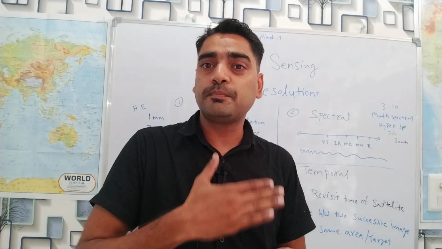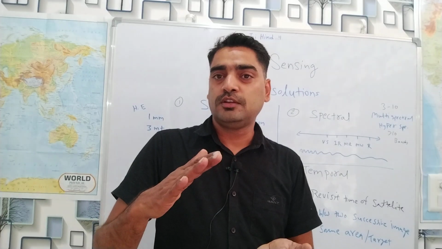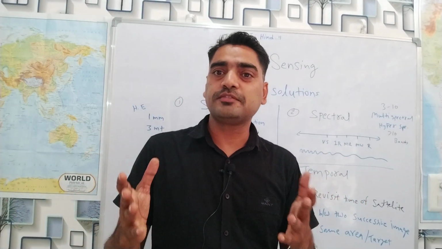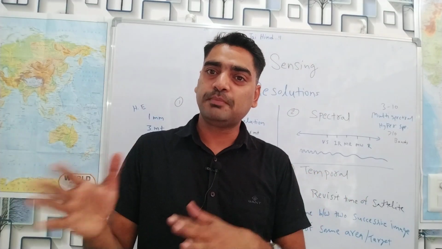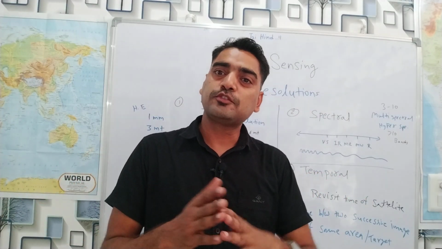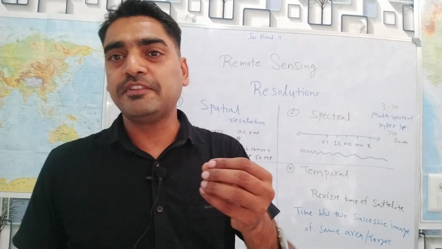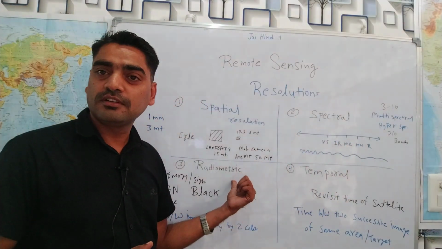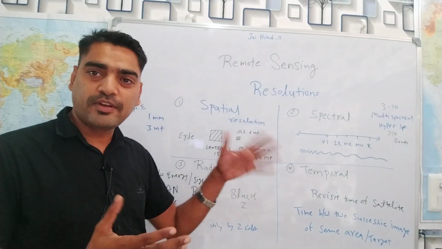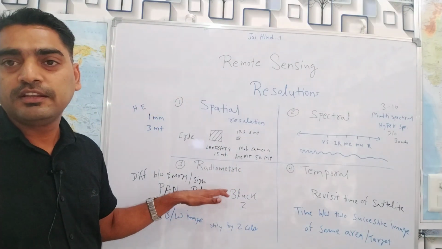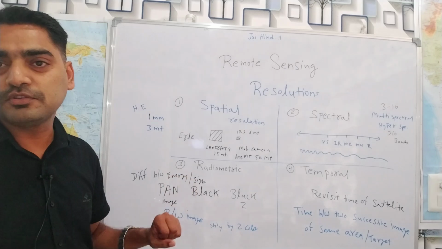They see shades of pink and shades of red, but boys do not have that much idea of shades. For them pink is pink, but for girls pink has so many shades. So we can say that girls have more radiometric resolution than boys, for example. This kind of ability of a sensor is called radiometric resolution.